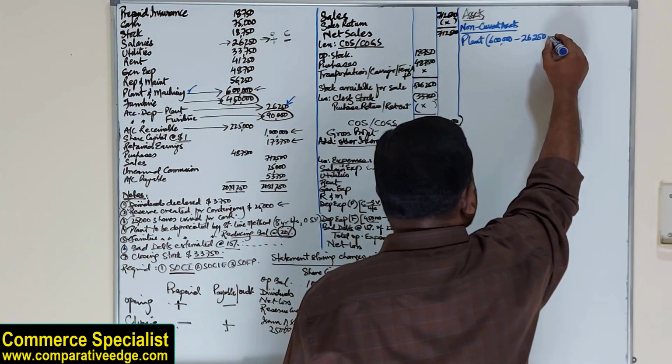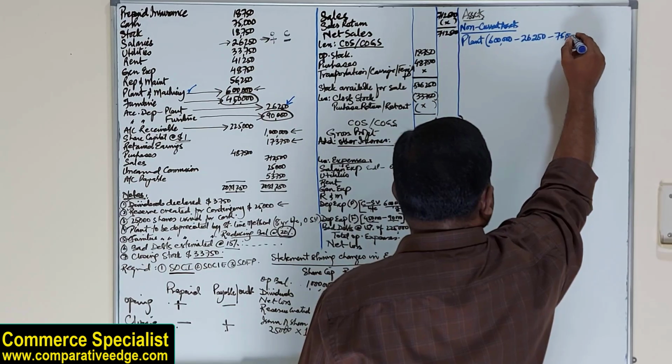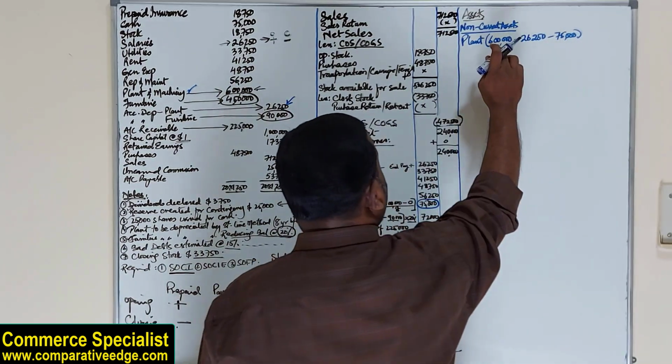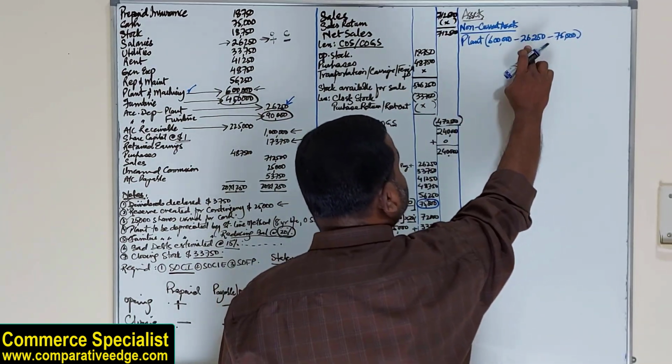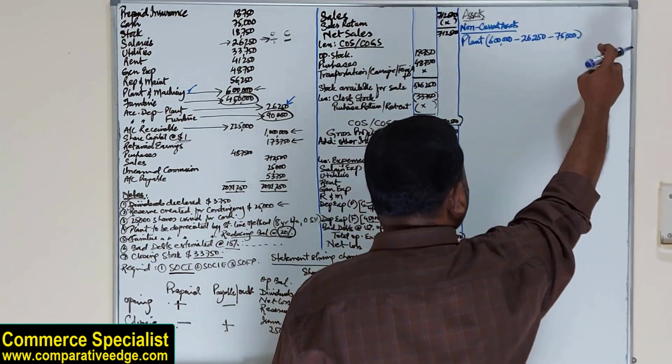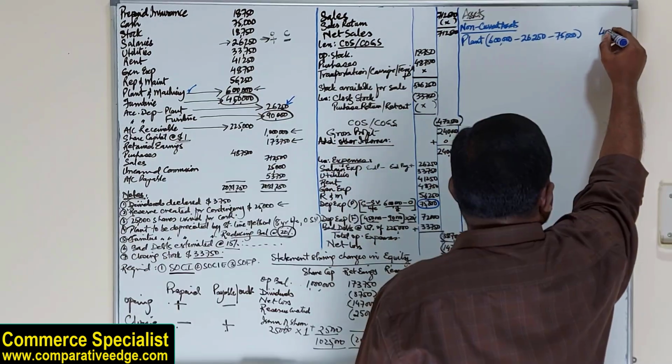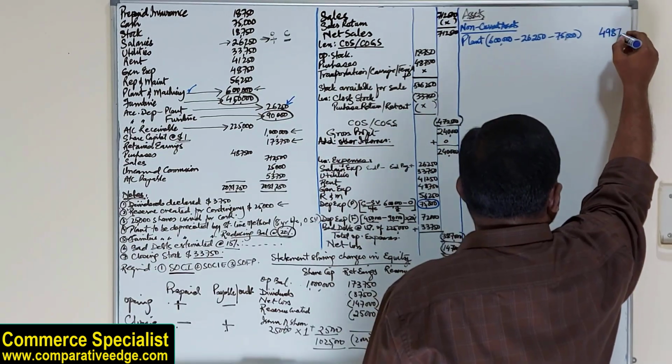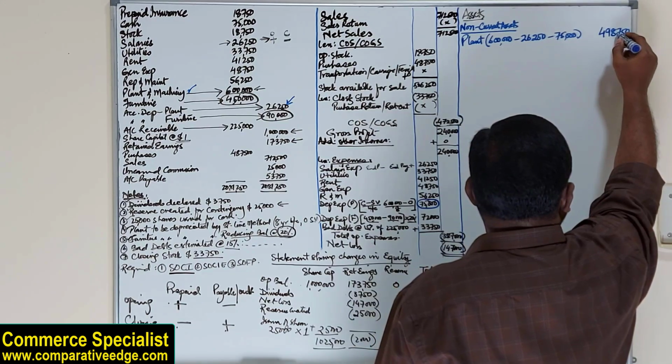You minus that. So from the cost, you minus accumulated depreciation until last year and depreciation expense for the current year, you will get book value, which comes to 498,750,000.